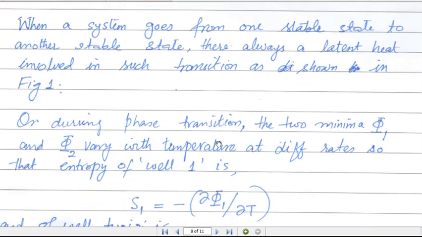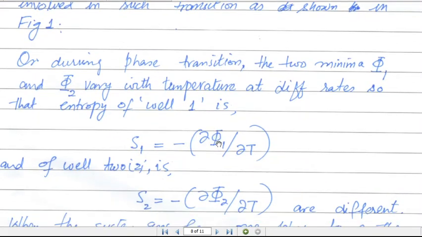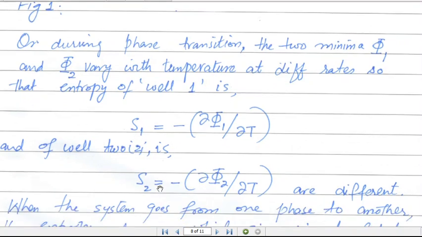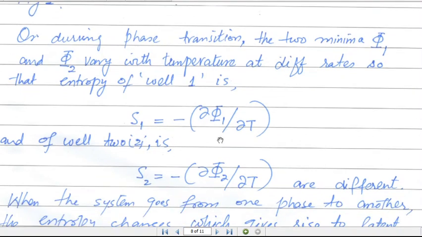So, we can say that during the phase transition, the two minima phi 1 and phi 2 vary with temperature at different rates, so that the entropy of one well is partial phi 1 over partial T, and well 2 is partial phi 2 over partial T, and both of these entropies will be different because phi 1 and phi 2 represent the energies of two different phases.